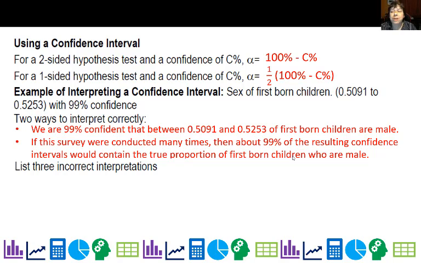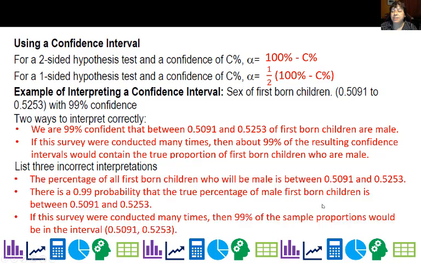The other: if this survey were conducted many times, and here we're talking more about the confidence level, then about 99% of the resulting confidence intervals would contain the true proportion of firstborn children who are male. So the top one is really how we interpret an interval, and the second one is for interpreting a level.